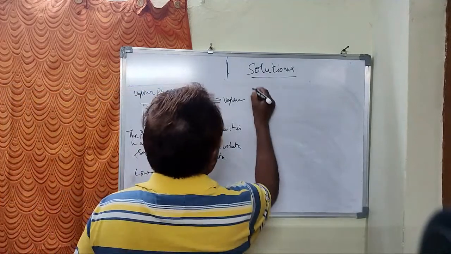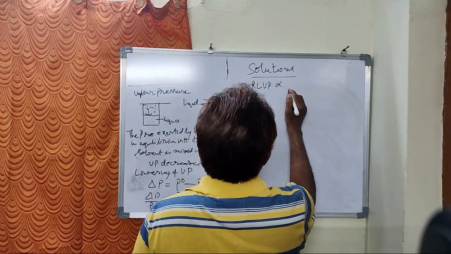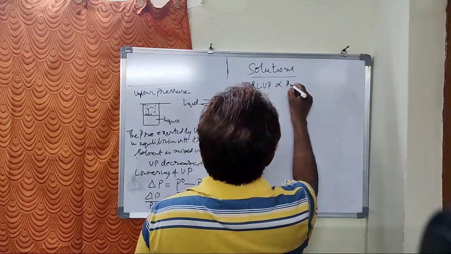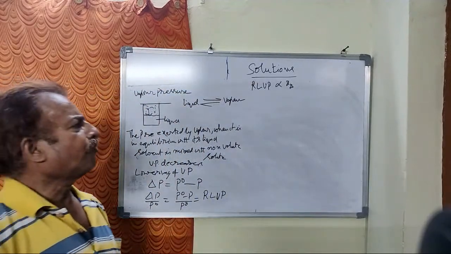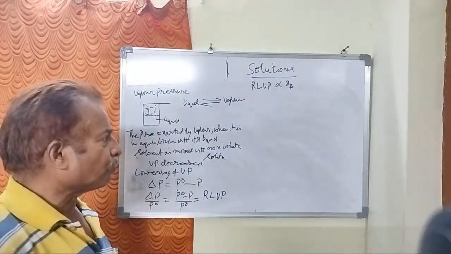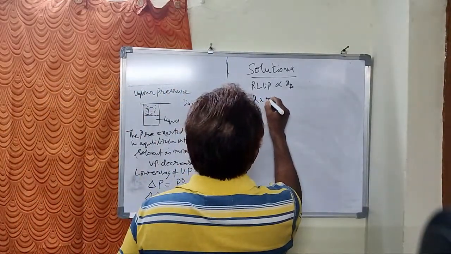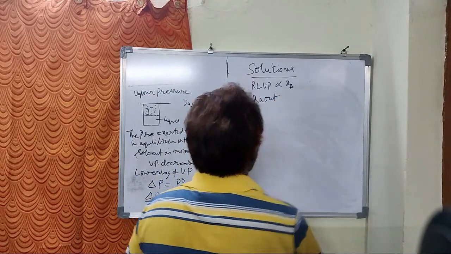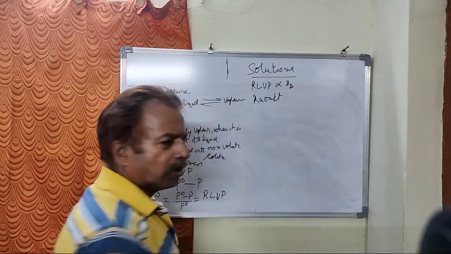The relative lowering of vapor pressure, RLVP, is proportional to XB. The XB means mole fraction of the solute. This observation was made by a scientist Raoult, R-A-O-U-L-T. Therefore, this is Raoult's law.